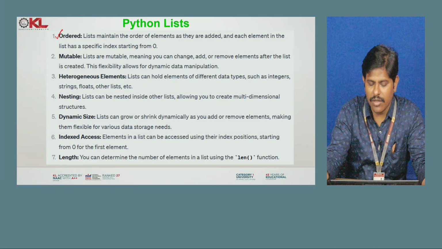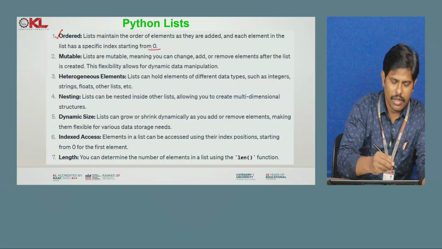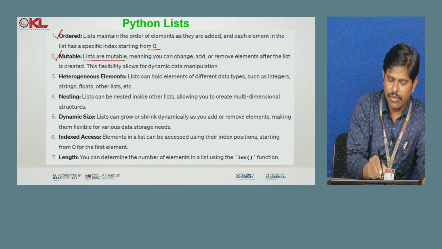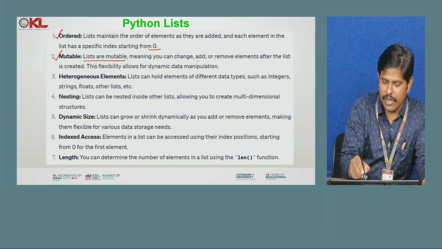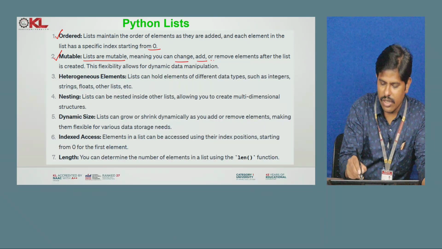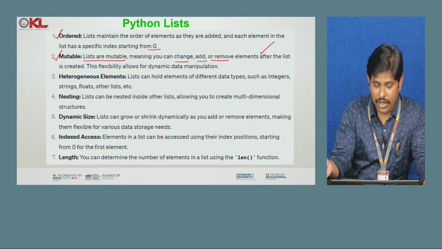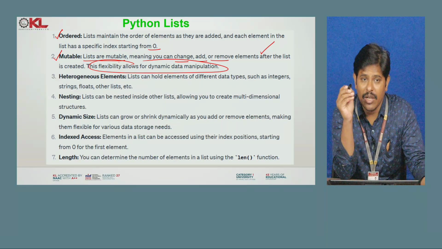It maintains the order of elements, starting from the index 0. You can change the contents of a list. That means they are mutable. During programming, you can add, change, remove from the list after creation, and it is so flexible that you can allow dynamic data manipulations here.